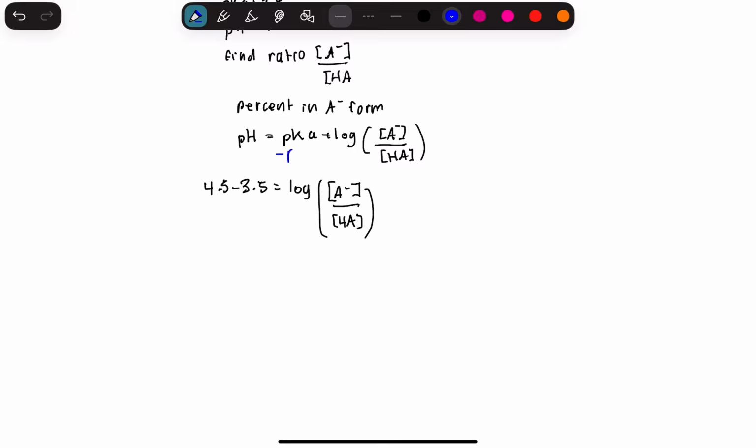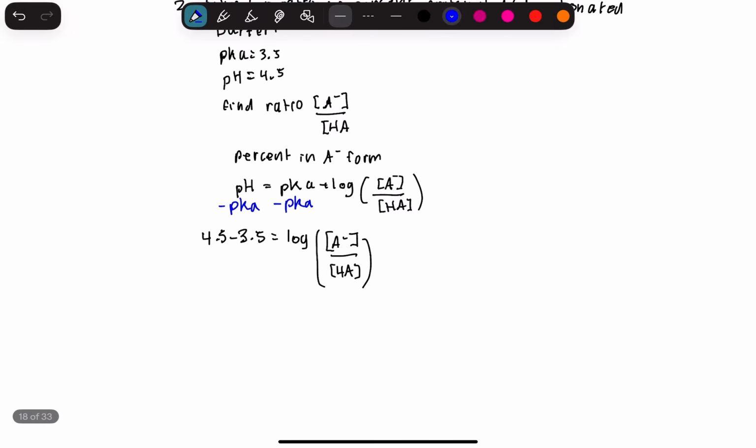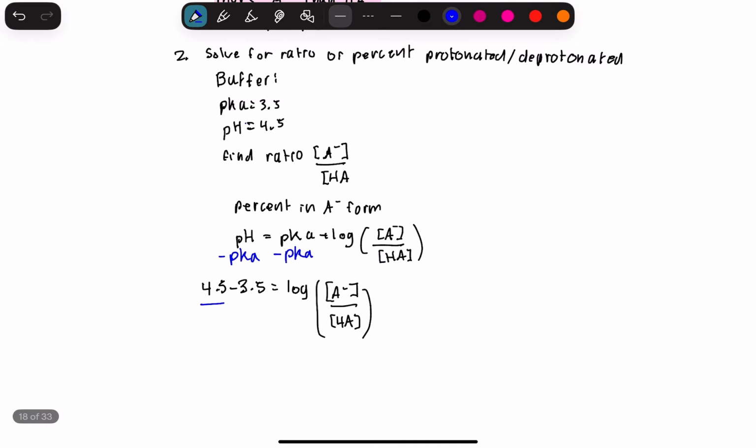Basically we subtracted that pKa. What was our pKa? Our pKa was 3.5.